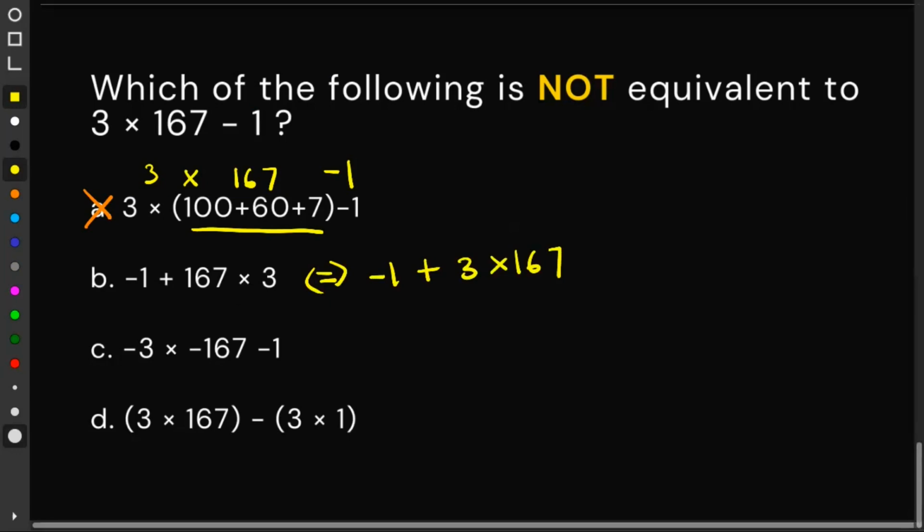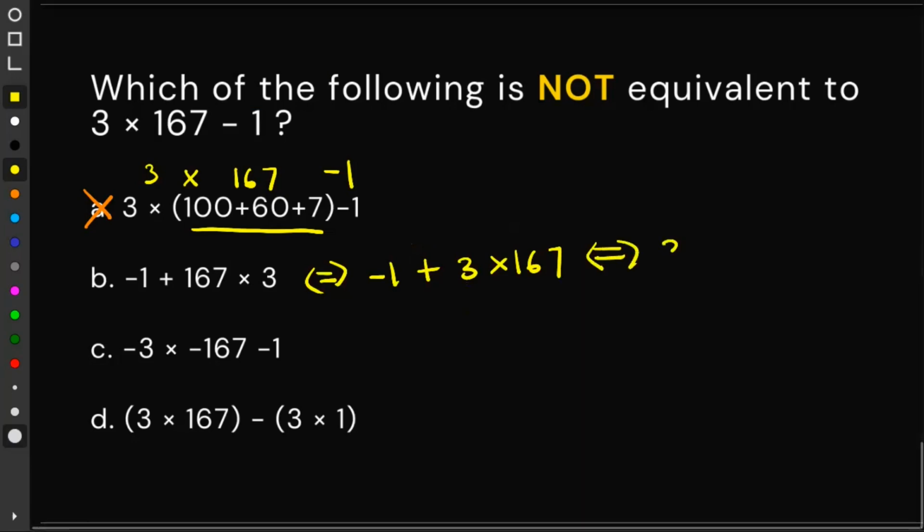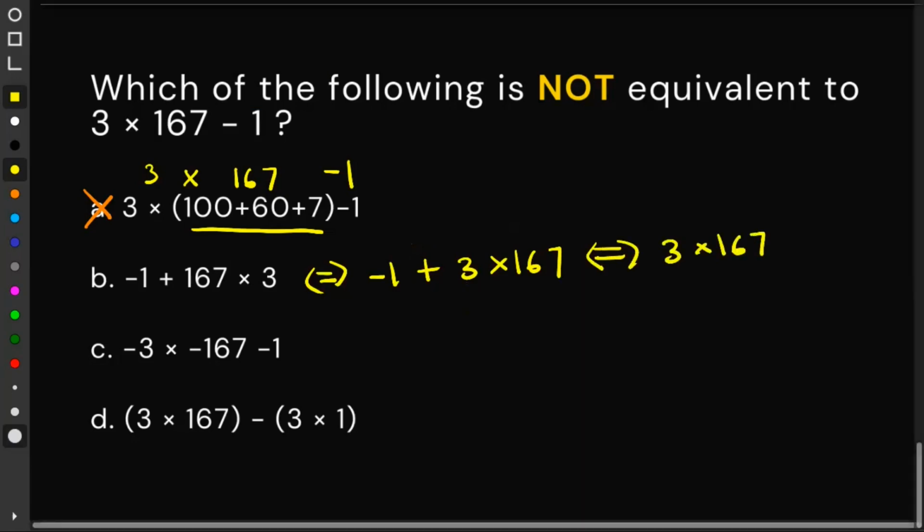Moreover, since the addition operation is commutative, we could actually rearrange this too if we treat this one as a larger number. So there we would have 3 times 167 minus 1, which is also the same as the given. So this is not the correct answer.